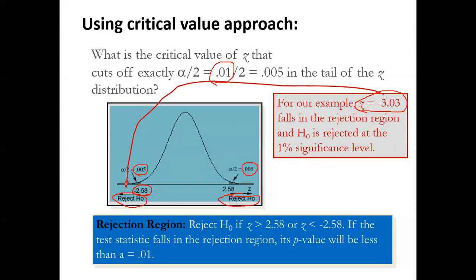So if this negative 3.03 is in this area, it must be less than negative 2.58. So it falls in the rejection area.